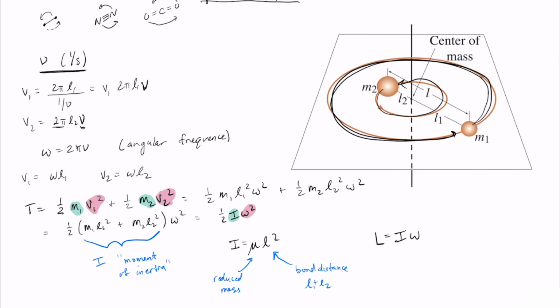So if we're drawing a connection between mass and the moment of inertia, and also a connection between the velocity and the angular frequency, then this kind of makes sense to be a momentum, right? Because this part looks kind of like the mass, and this part looks kind of like the velocity, and mass times velocity is momentum. And so L equals I omega is the angular momentum.